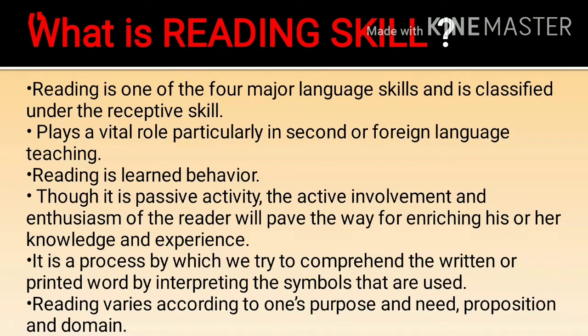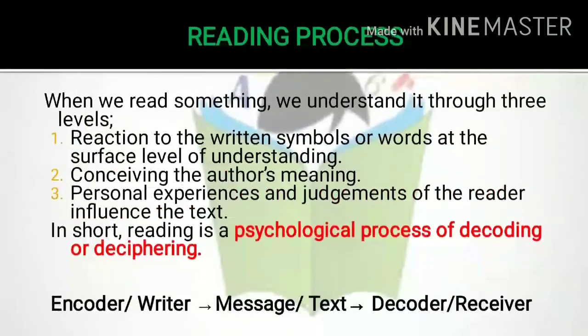Now let's consider reading as a process, and how that process happens. When we read something, we understand it through three levels. I had already mentioned that reading is a process in which we go through certain symbols and understand those symbols, so that we comprehend the text.